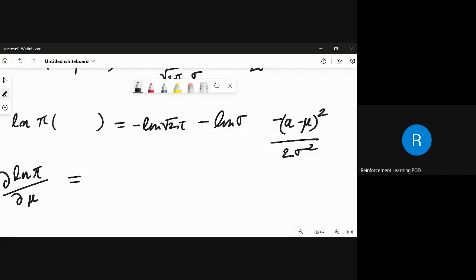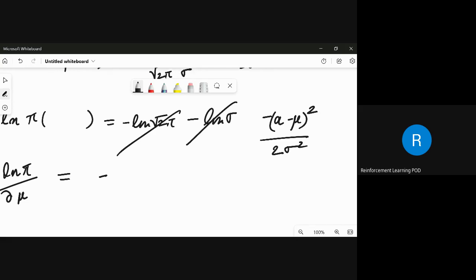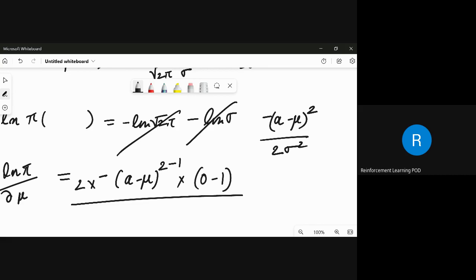This quantity will go away, this quantity will go away, we'll only have this: minus (a minus mu) whole square divided by 2 sigma square.